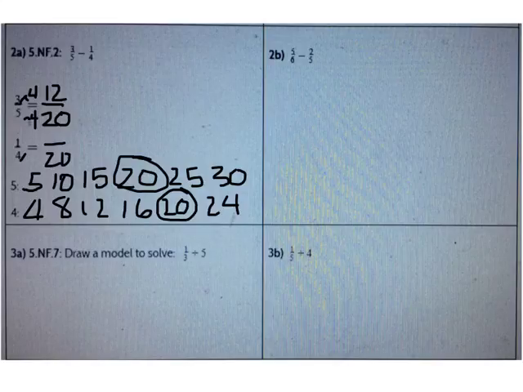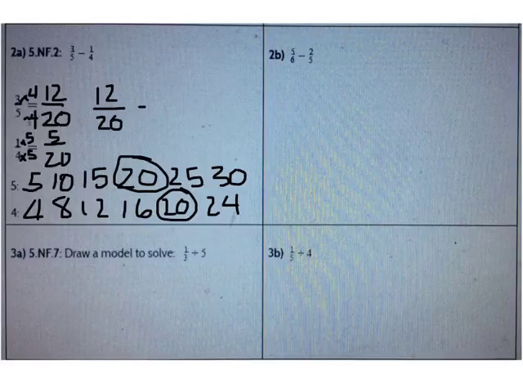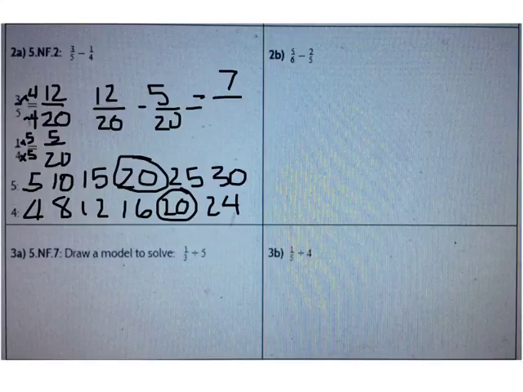Well, 4 times 5 is 20, and 1 times 5 is 5. So 1/4 is equal to 5/20. Now I can subtract 12/20 minus 5/20. What's 12/20 minus 5/20? It's 7 over 20.